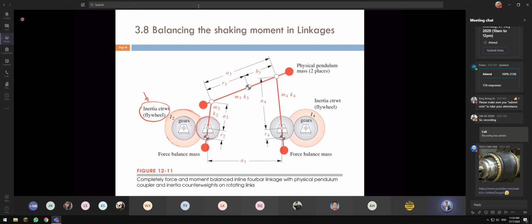The reason is so that the rotation of link 2 and the gear are in opposite directions. If this one rotates here, this will rotate in the opposite direction. This will help to balance the shaking moment.